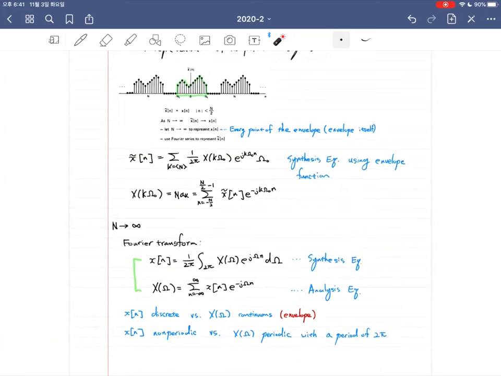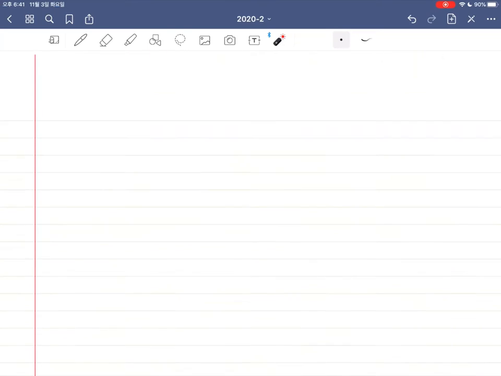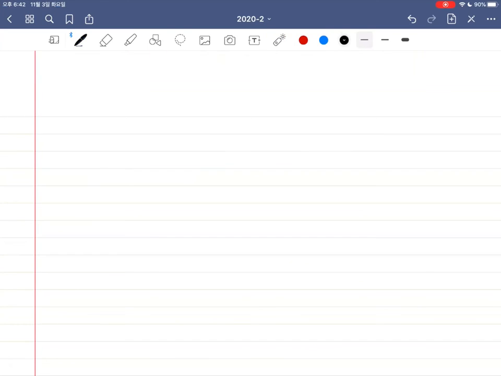The first example for the Fourier transform now is a rectangular pulse.